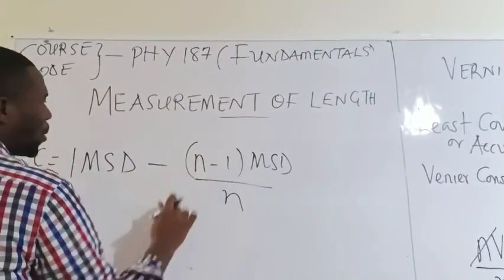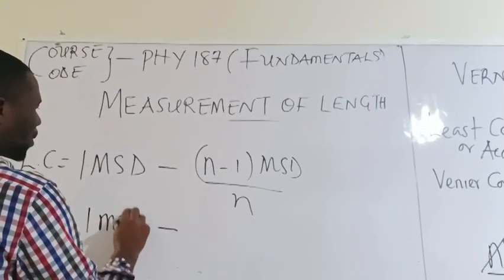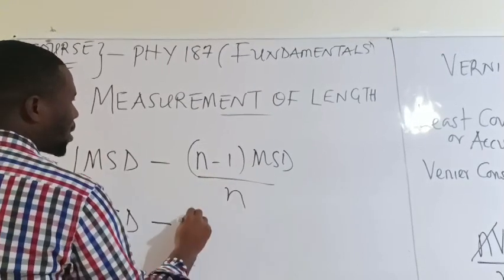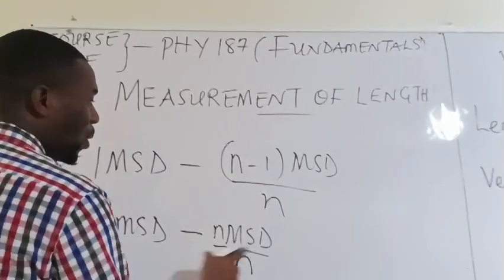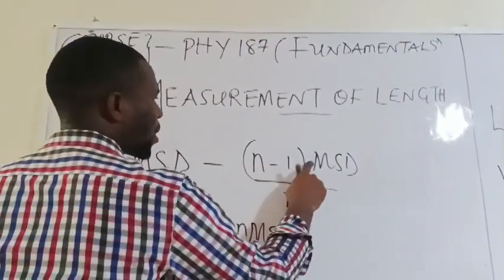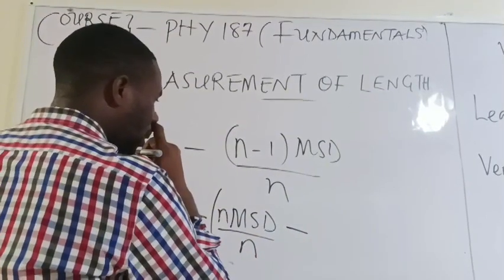Let me quickly multiply this out. I have 1 main scale division, which is n main scale divisions divided by n. So I'll get 1 main scale division here, minus times plus, this is a minus.